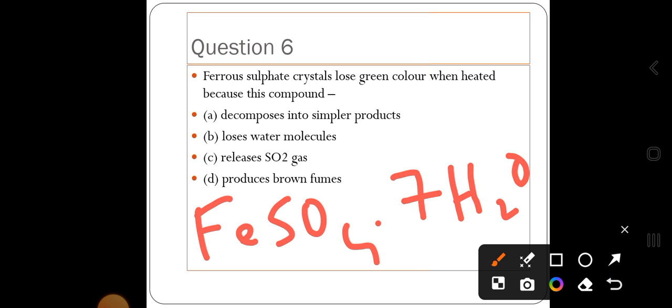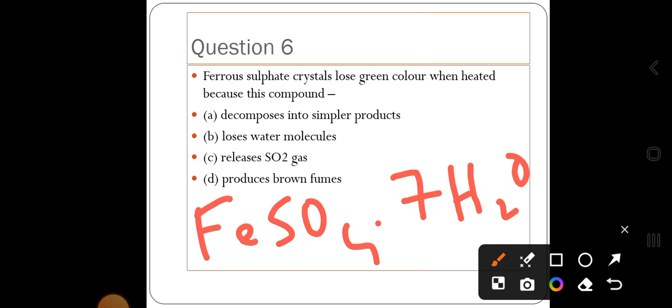Now, suppose you heat this ferrous sulfate. The water molecules, we know, easily escape because water exists in different states of matter. The moment they escape, the color of ferrous sulfate, which is a very beautiful pale green, just disappears because the water molecules have evaporated.